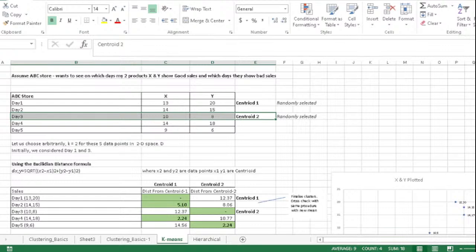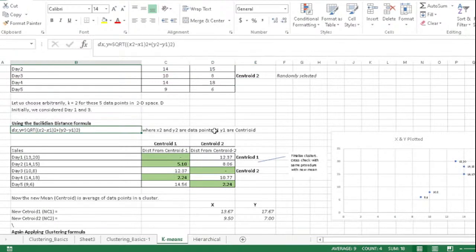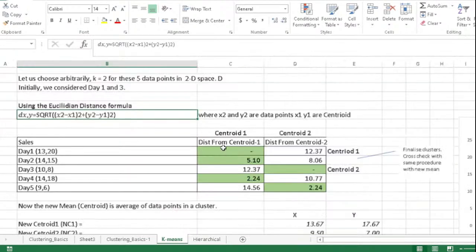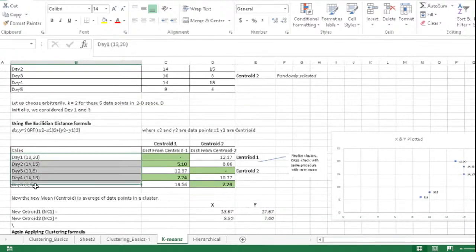Notice I have chosen the centroid among the same points, right? This time I've just randomly chosen the centroid among the given points only. So, based on the Euclidean distance formula, I calculate the distance of each data point from the first centroid and the second centroid.